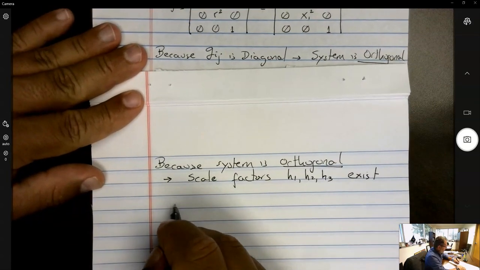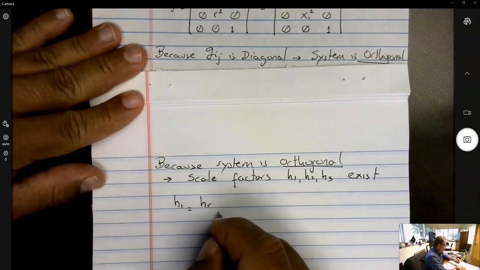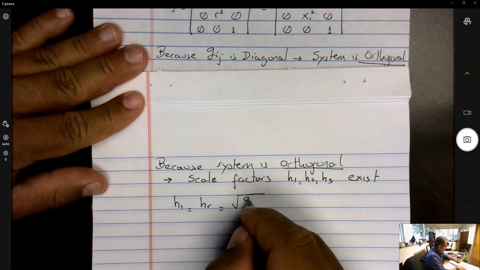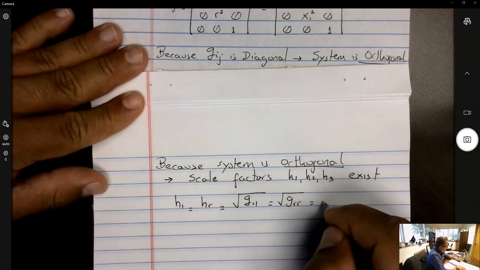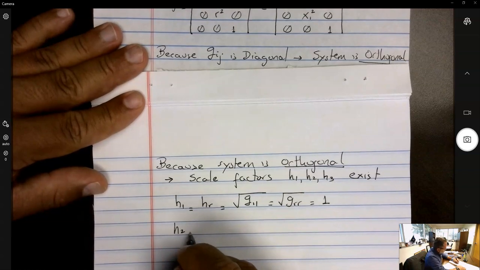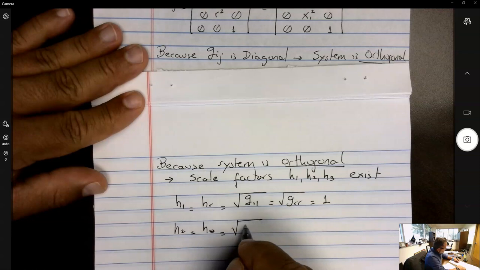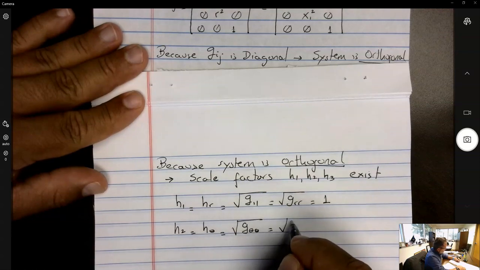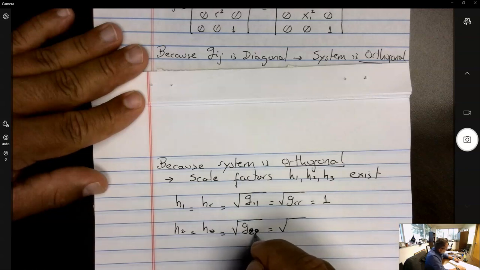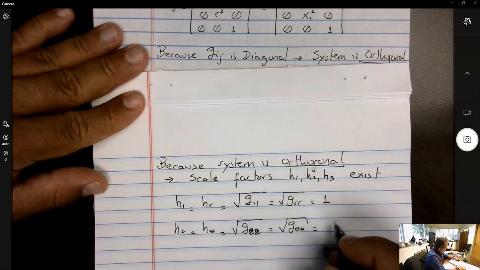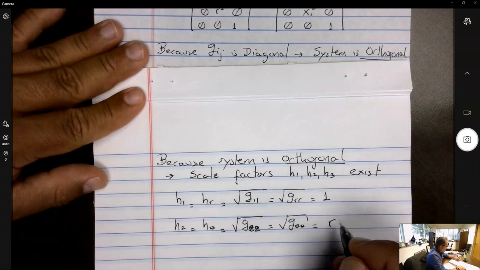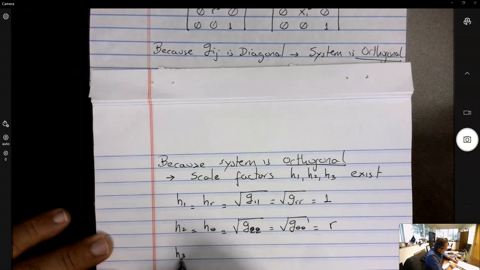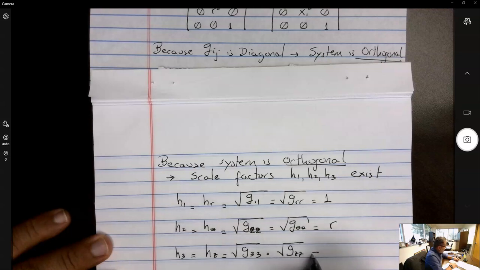So h1, which is the same thing as h_r, is equal to the square root of g11, which is equal to the square root of g_rr, which is equal to 1. h2, which is equal to h theta, is equal to the square root of g theta theta, which is equal to r. So the square root of r squared is r, or we can call it x1. And then h3, which is equal to h_z, which is equal to the square root of g33, which is the same thing as the square root of g_zz, is equal to 1.